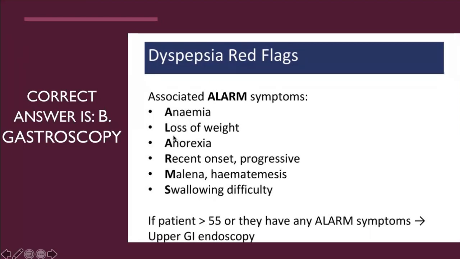Anemia, weight loss, anorexia, recent onset or progressive dyspepsia, melena, hematemesis, swallowing difficulty. Or if the patient is more than 55 or has any alarm symptoms, you would do upper GI endoscopy for any dyspepsia.